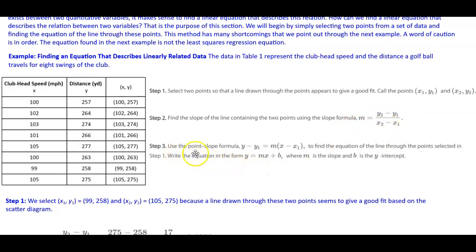In step 3, we're going to use the point-slope formula, y minus y1 equals m times x minus x1, to find the equation of a line through the points selected in step 1. Then we write the equation in the form y equals mx plus b, where m is the slope and b is the y-intercept.